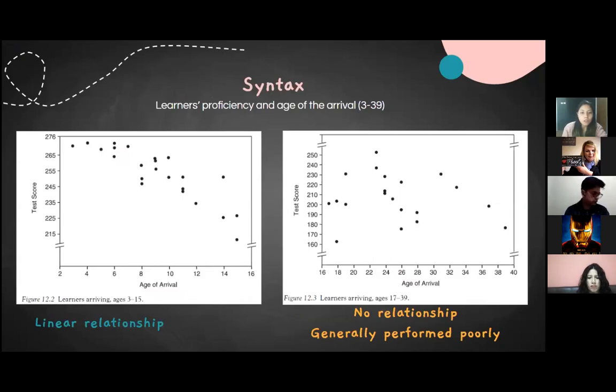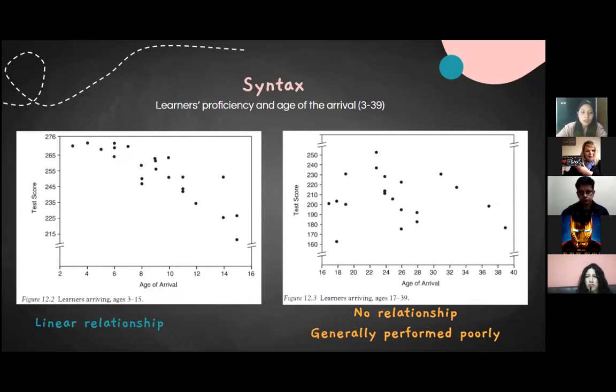Referring to syntax, there was a study in which the target population was from 3 to 39 years old, and the researchers wanted to investigate learners' proficiency based on different ages of arrival in the country of the second language.